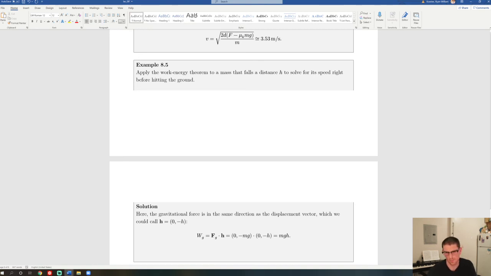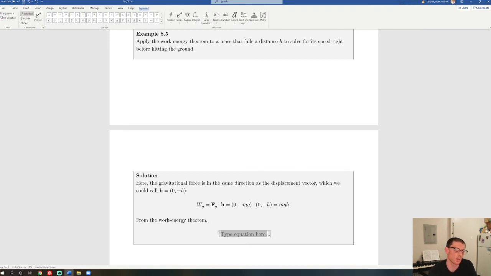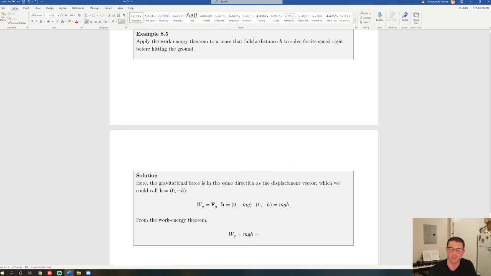So from the work energy theorem, we have that the net work, which in this case is just the work done by the gravitational force because there are no other forces acting on an object in free fall, is this, which we found to be mgh. And I should have said it falls starting from rest.